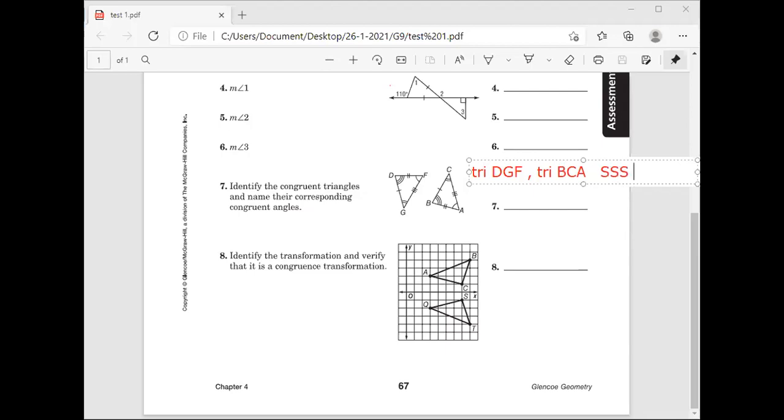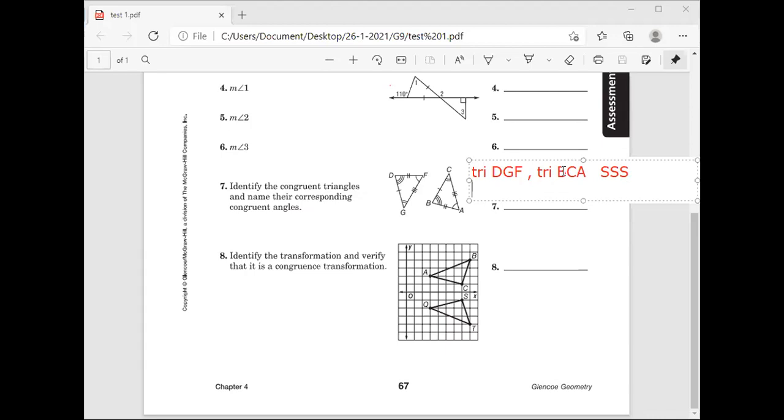Is there any other case? No, we don't have. Okay, then which angles will be congruent now? As we said before, angle D with angle B. Tell me the angles which correspond to each other.